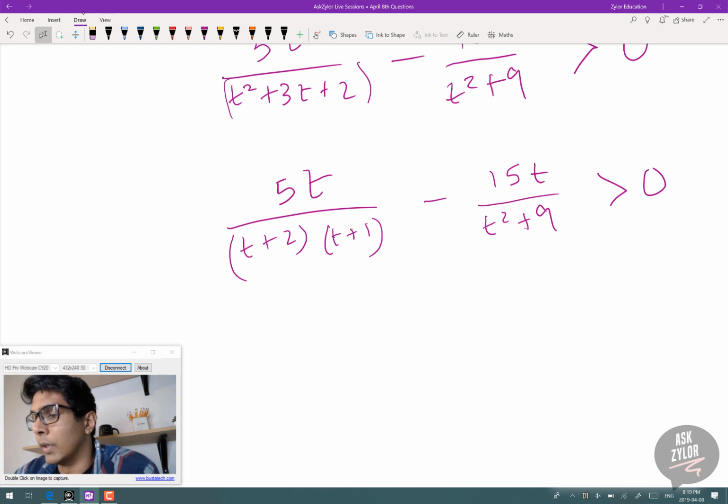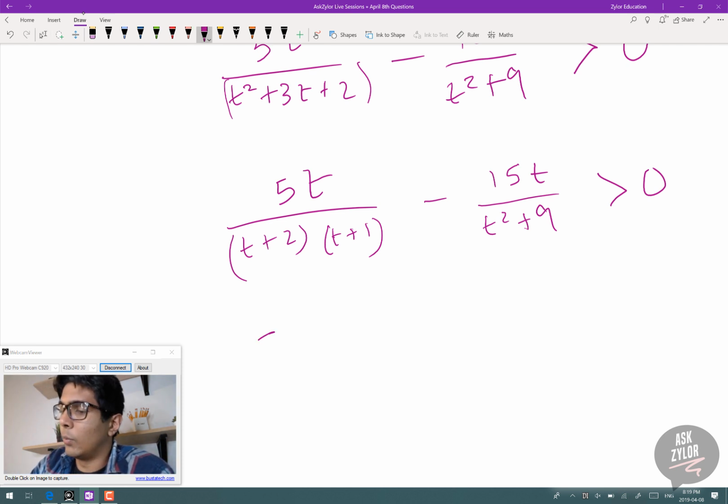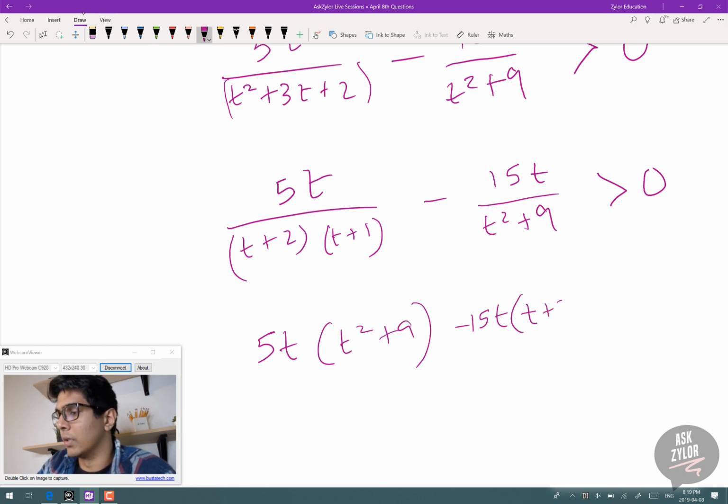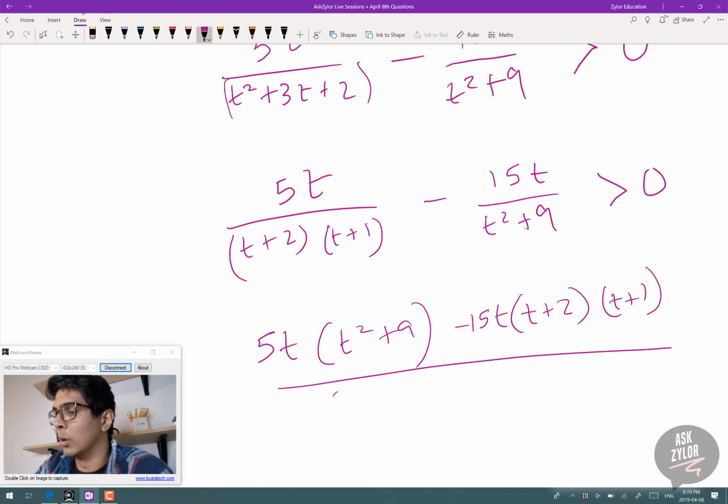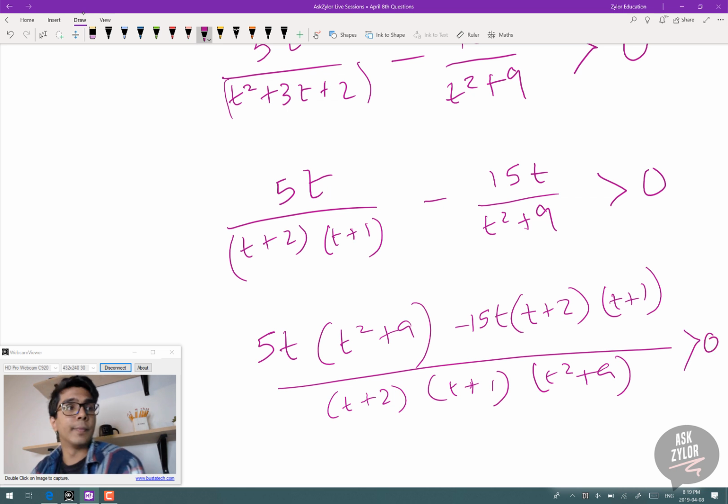And then we're going to use common denominators to evaluate this. So I end up with 5t, t squared plus 9, minus 15t, t plus 2, t plus 1, all over my common denominator of t plus 2, t plus 1, and then t squared plus 9. Is that greater than 0?